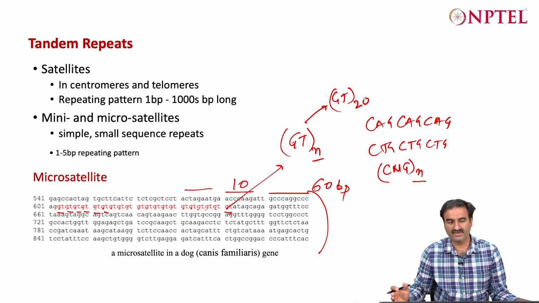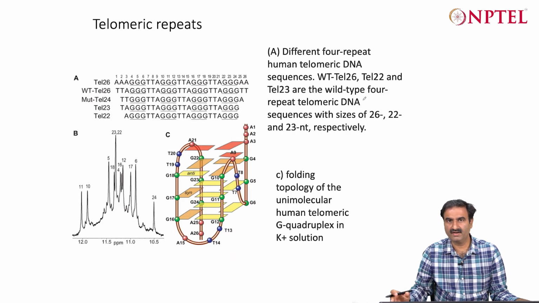So this is an example of a tandem repeat, and they are very important for gene expression and have been associated with variability in gene expression because of their location, which is generally upstream of a gene, and sometimes also in between the genes, right.